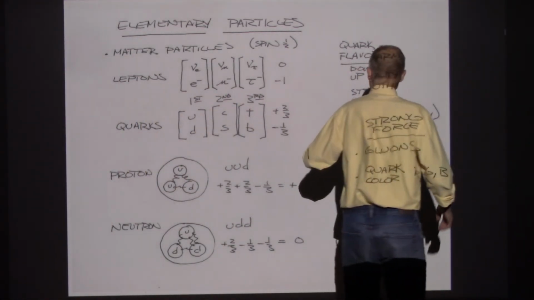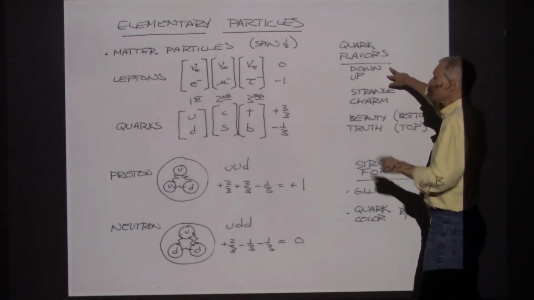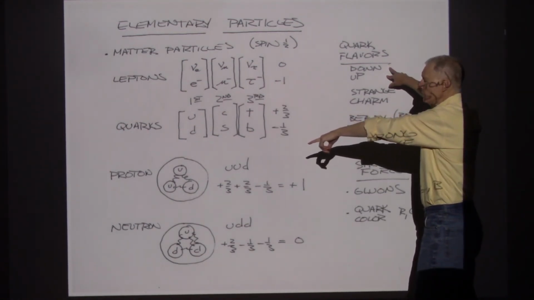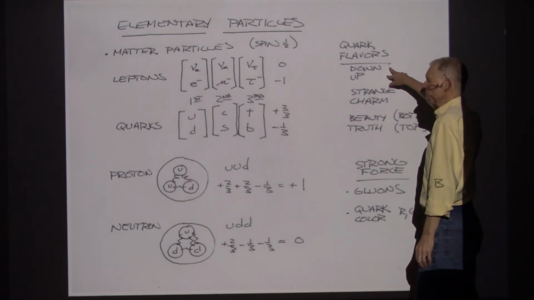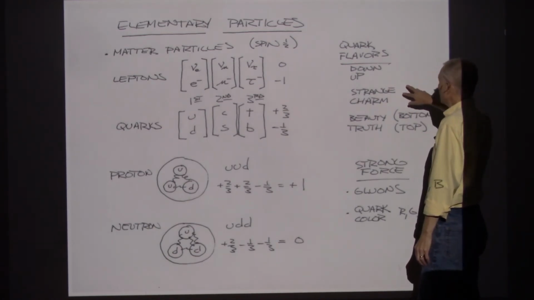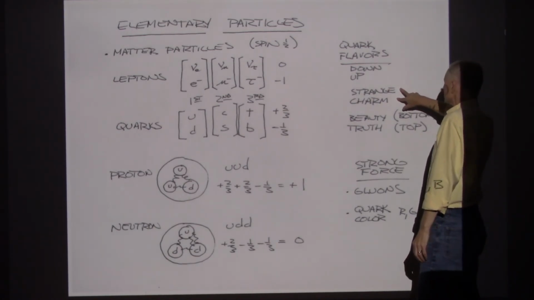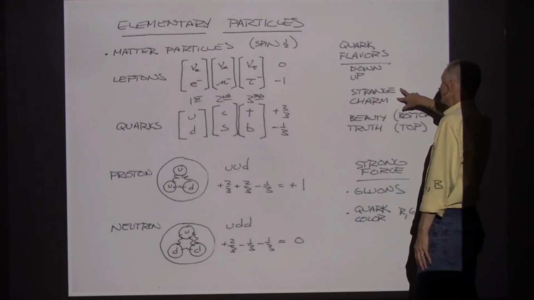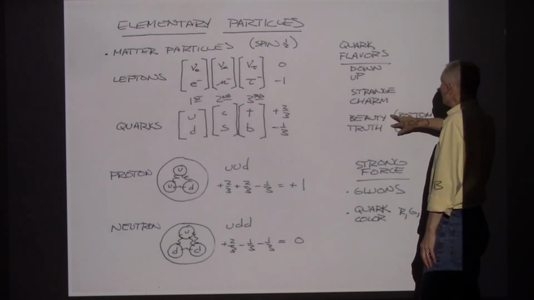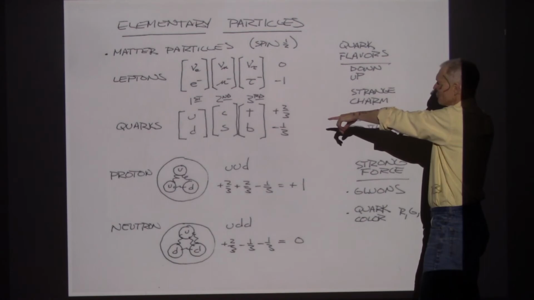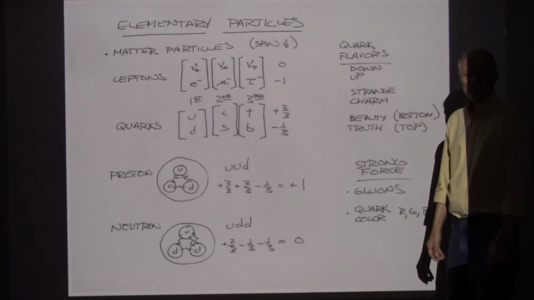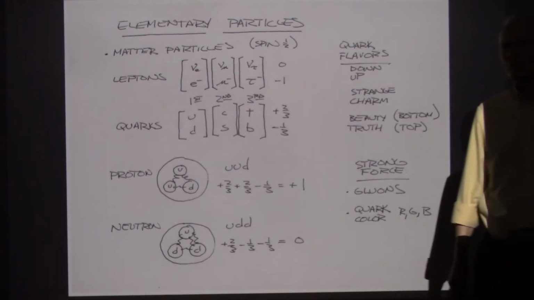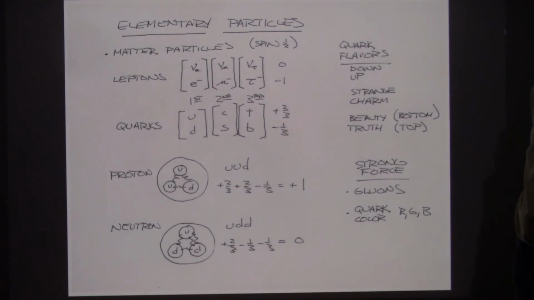Now, something about these names, up and down. You can kind of see how that was an easy, kind of fun set of names to use in describing the proton and neutron quarks. And then we went on to some more interesting names, strange and charm. And then when the third generation was first suggested, researchers named these beauty and truth.